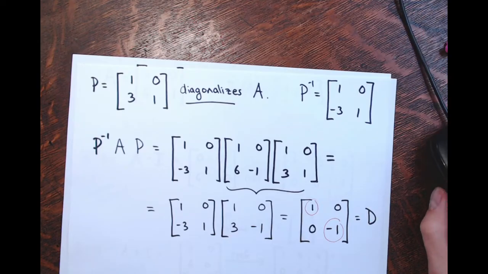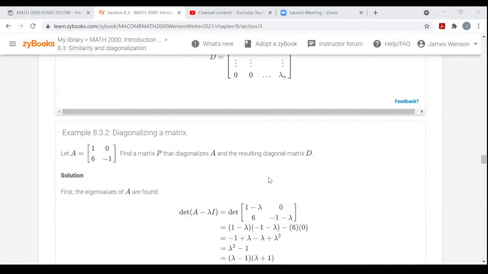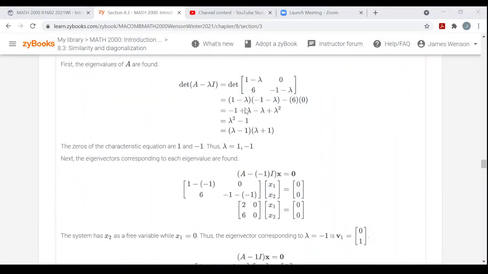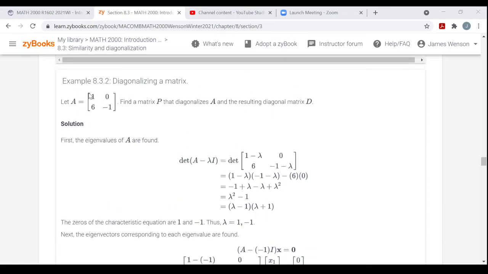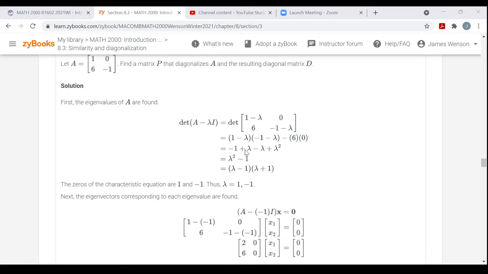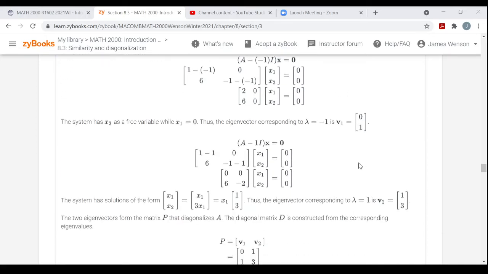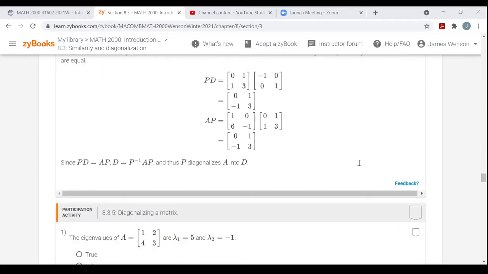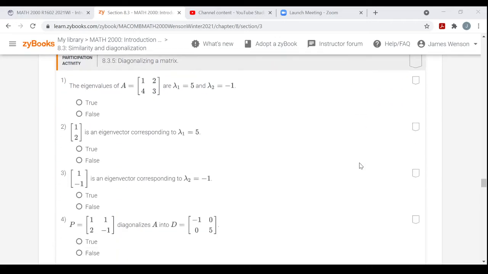Okay, so now again, you can read through the example and see it all written out. Now they did the characteristic equation, but again, it's easy to see that this was lower triangular, so you didn't need to do that to find the eigenvalues. All right, cool. Then they have you go through step by step another 2 by 2 matrix here.